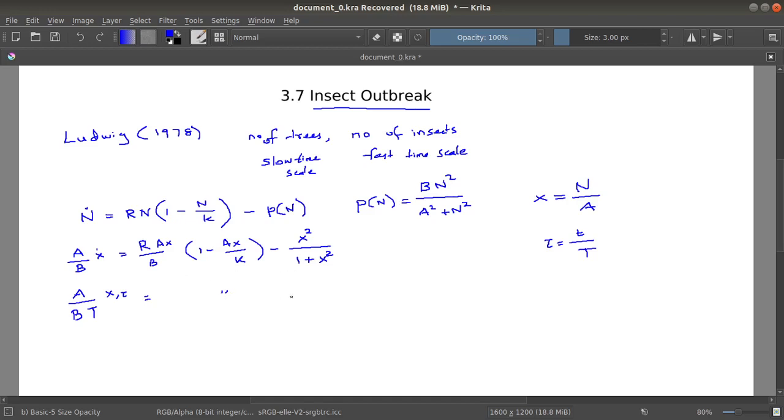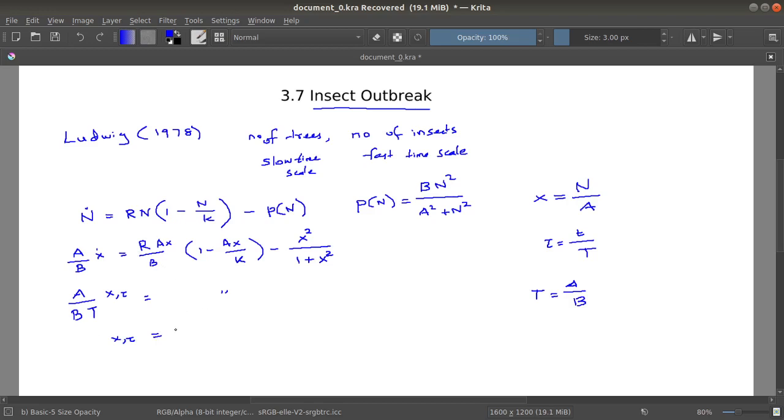Now I'm going to assume this capital T, because that I could choose as anything, right? If I choose that as A by b, then I could get rid of this whole thing, and finally I will get dx by d tau, which is equal to this thing, which is a parameter.